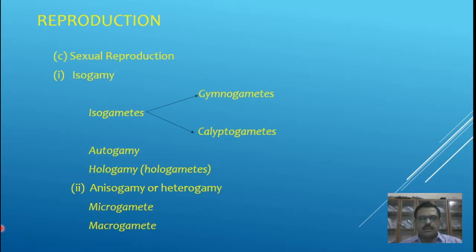In algae, sexual reproduction involves the formation of gametes, and so this is called gametic reproduction. In some algae, like Fucus, the gametes fuse external to the plant body or thallus, in the water surrounding the algae.